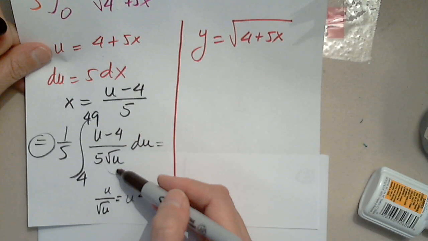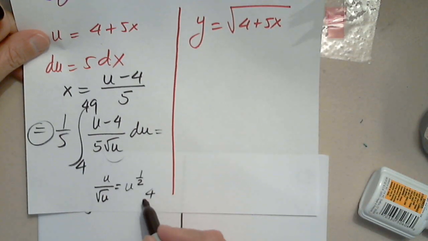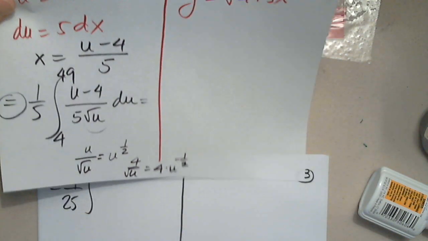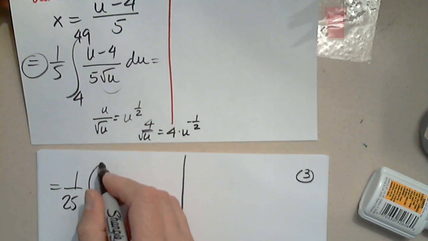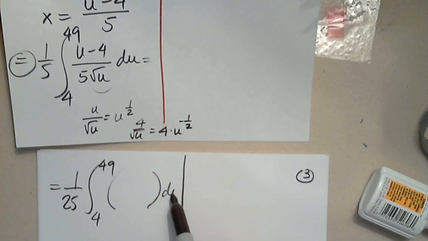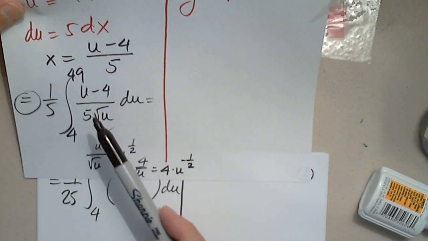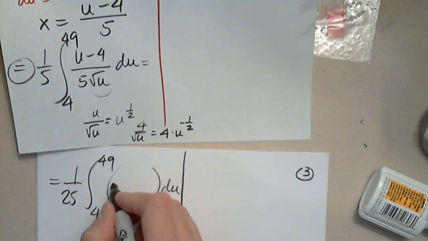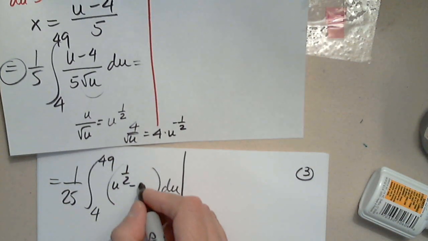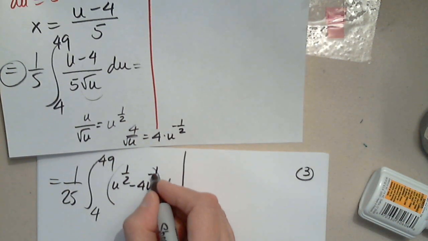And then 4 over the square root of u will be 4 times u to negative 1/2. So then from 4 to 49 in parentheses, and then du. u over this is this, u to 1/2 minus 4 u to negative 1/2.